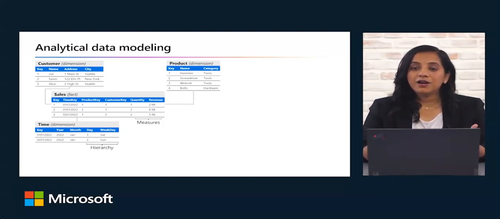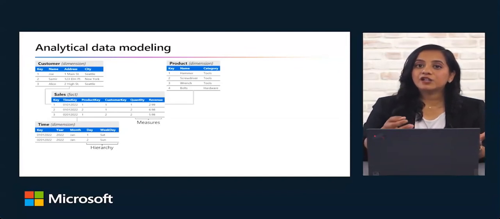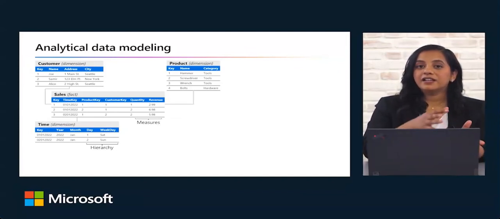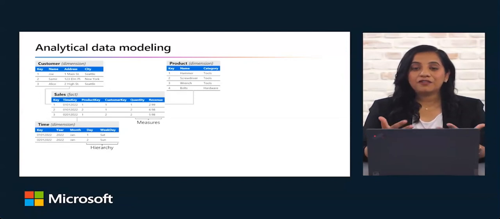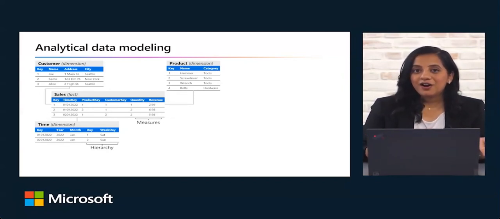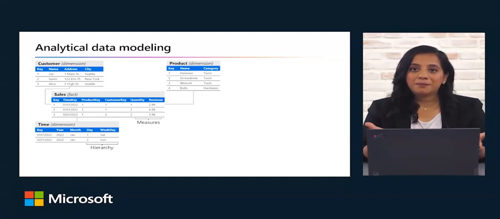For example, a model might include a table containing numeric measures for sales, such as revenue or quantity, and the dimensions for products, customers, and time. This would enable you to aggregate sales measures across one or more dimensions, for example, to identify the total revenue by customer or total items sold by product per month.